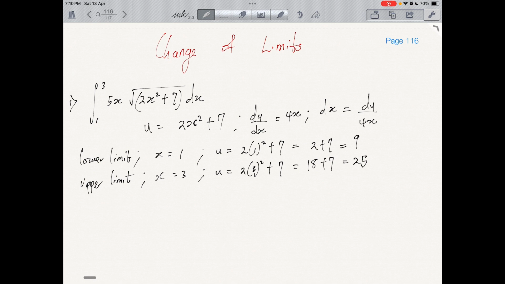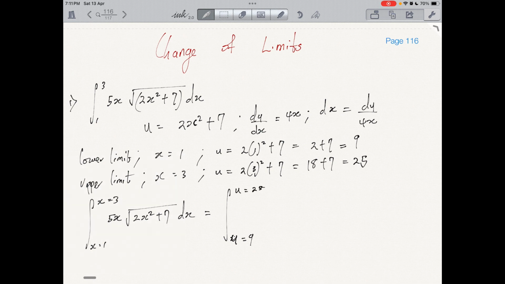So we can now say that the integral from x equals 1 to x equals 3 of 5x square root of 2x squared plus 7 dx can be written in terms of u, and that will be u equal to 9, because when x is equal to 1, our u is equal to 9, and when x is equal to 3, our u is equal to 25.